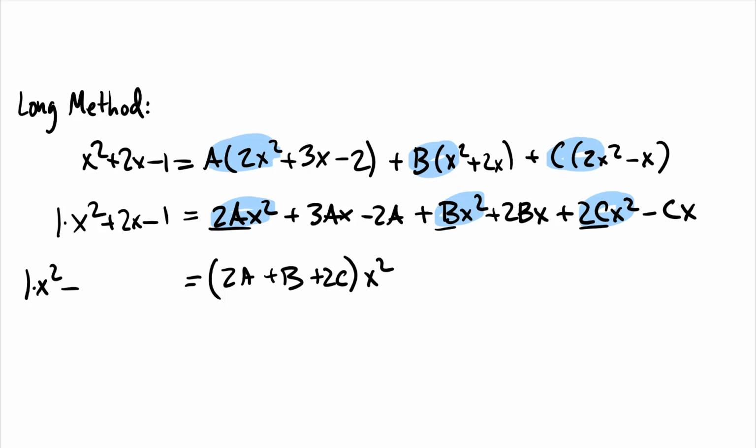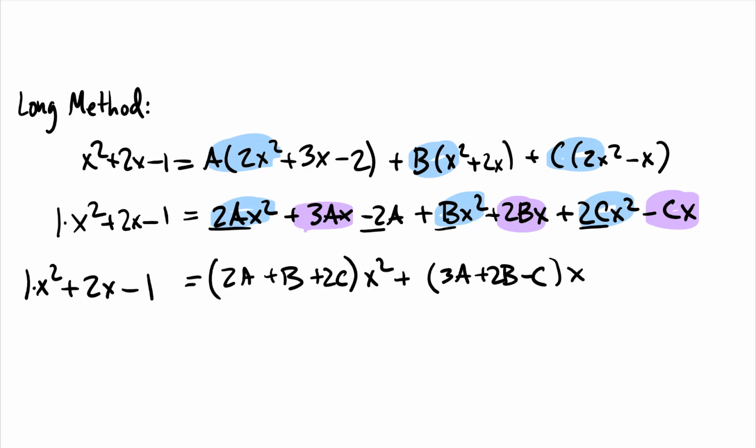Next, let's deal with all the things that just have an x. We have three terms, so let's take the x out. We have a 3a, a 2b, and a minus c. And lastly, we're just left with this minus 2a.